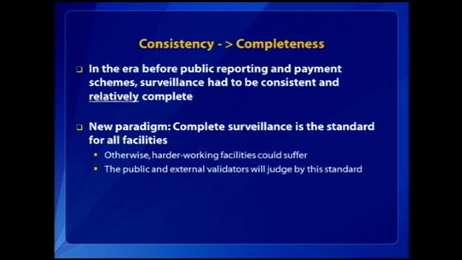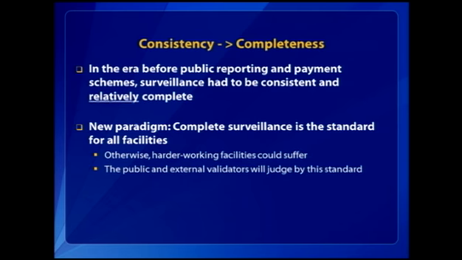But because the data were primarily used by the facility itself for following trends over time, targeting prevention efforts and monitoring the situation internally, if you maintained the same level of surveillance, you could achieve the goals of longitudinal information.